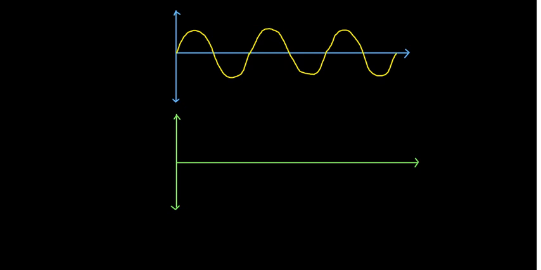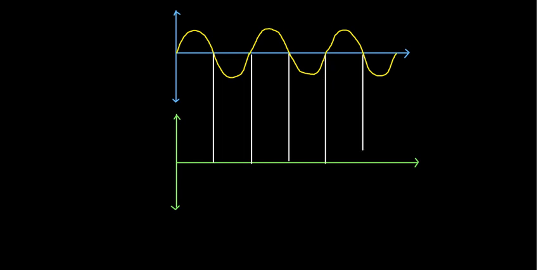Now to observe the exact output, let me draw these lines for better understanding. The time period I'm covering is T by 2, then further timings. So actually I have drawn a total of 3 cycles.